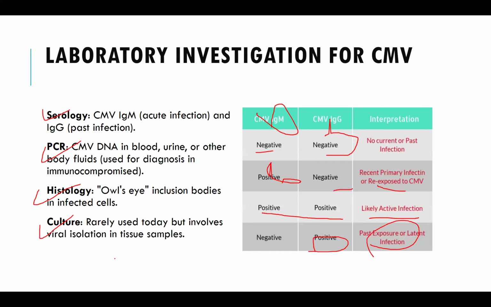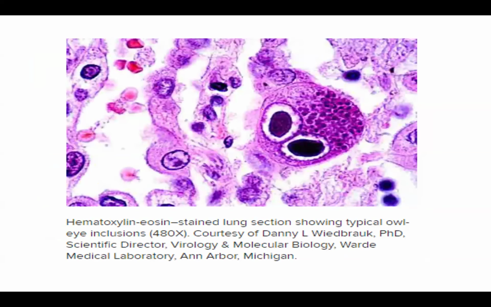So when you do histology for CMV, it is very, very diagnostic because it has a characteristic presentation where you see all the inclusion bodies in the infected cells, which I have for you here. So you see now this is a very big cell. You see all this is a cell. That's why we call it the cytomegalovirus, because the cells were very, very huge.